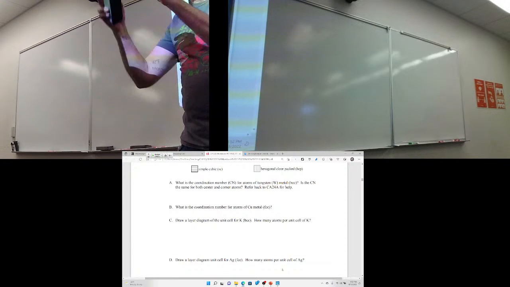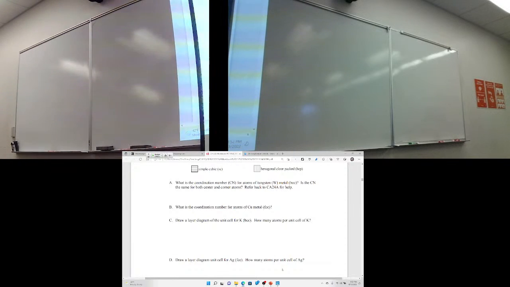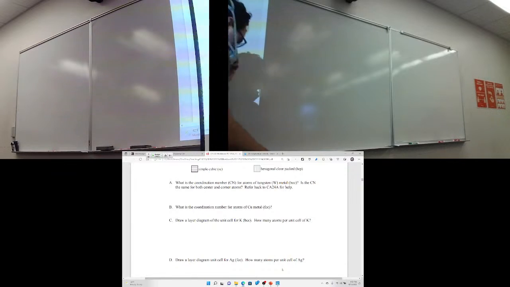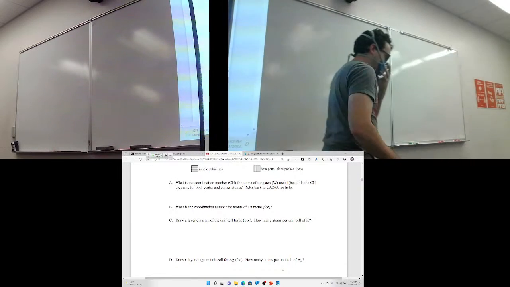Any atom touches that many atoms. Body center cubic is only the one in the middle and the corners, so it's touching the entire thing.